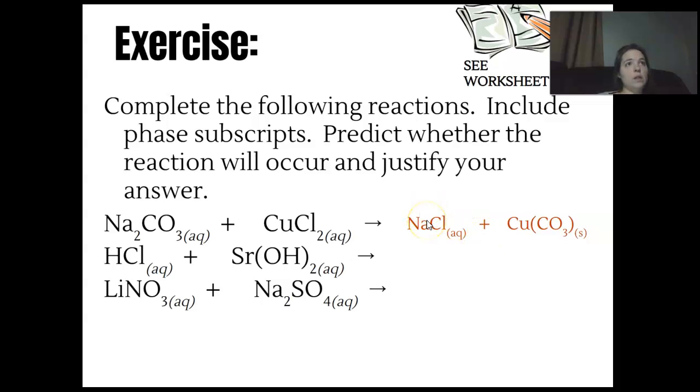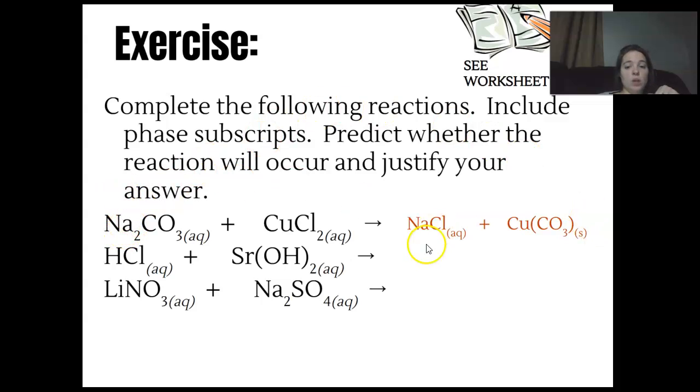Because chlorides, except for a couple exclusions, are aqueous. We leave it as aqueous. And carbonates are insoluble or solid unless it's a group 1 or ammonia, and copper is not one of those, so it is a solid.